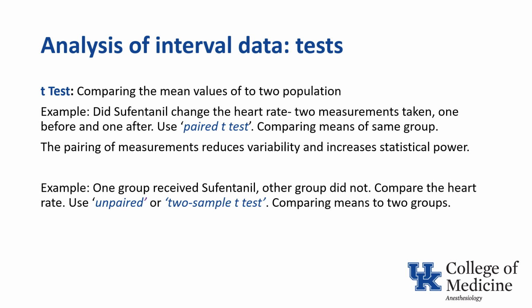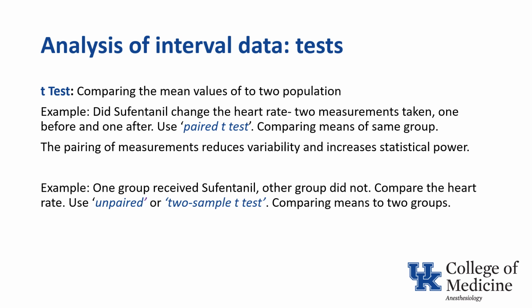Let's take an example of an experiment where you administered sufentanil to look at the change in the heart rate. And let's say 2 sets of measurement was taken, one set of heart rates before sufentanil was administered and another set after administering sufentanil.